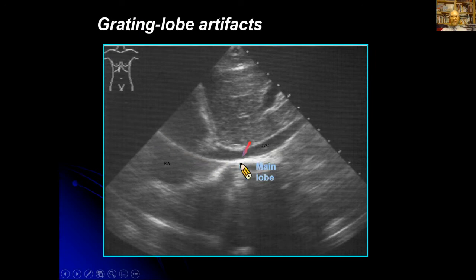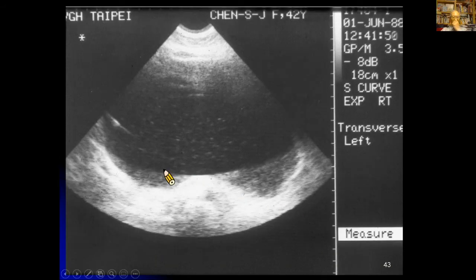So the main lobe detects a hyperreflective structure, but the side lobe also sees this and registers the signals on the side of the hyperreflective structure. So side lobe here. Now another commonly seen side lobe is on the bladder base. Here you can see two side lobes along the hyperreflector.